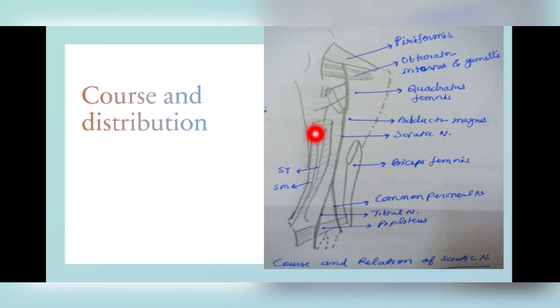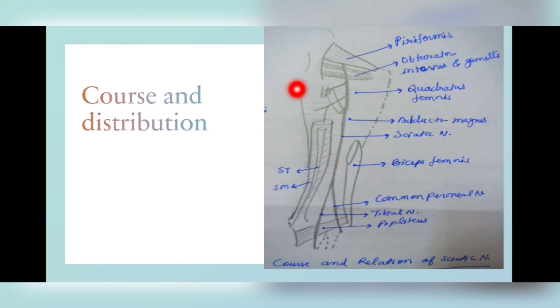And this adductor magnus has two parts, the ischial part and the adductor part. The ischial part arises from the ischial tuberosity, and the adductor part arises from linea aspera and the medial supracondylar ridge.